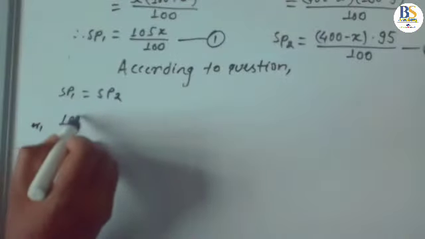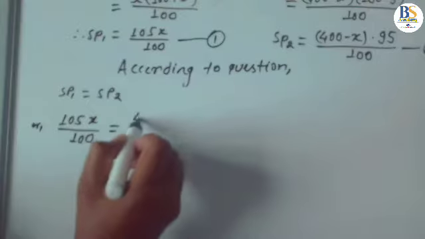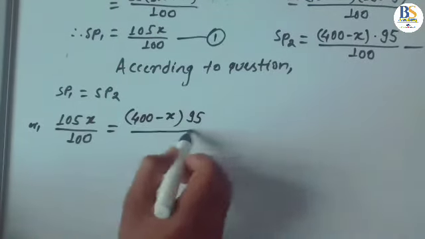SP1 is 105X upon 100, equal to SP2, (400 minus X) times 95 upon 100.